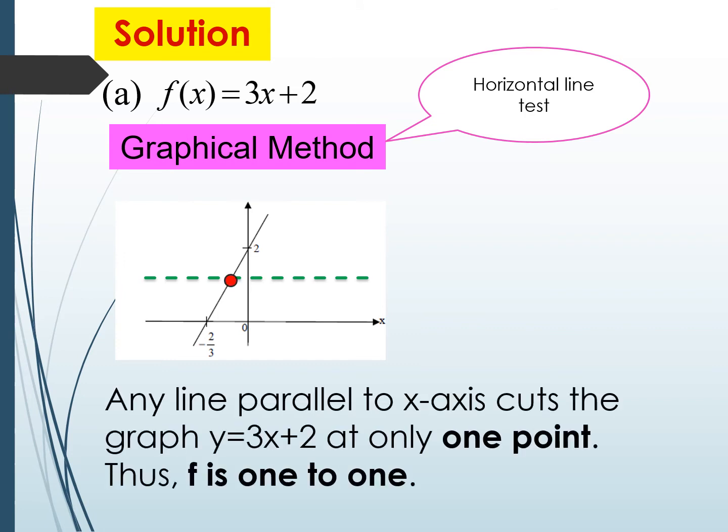So any line parallel to the x-axis cuts the graph y equals 3x plus 2 at only one point. Thus, f is a one-to-one function. So f(x) equals 3x plus 2 is a one-to-one function. So then f inverse exists.